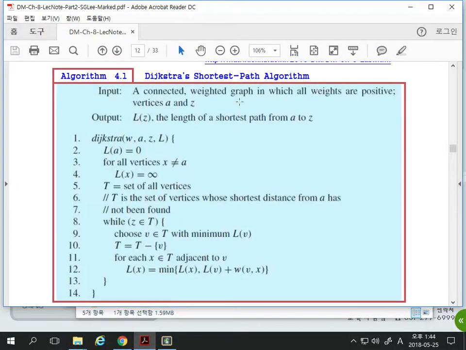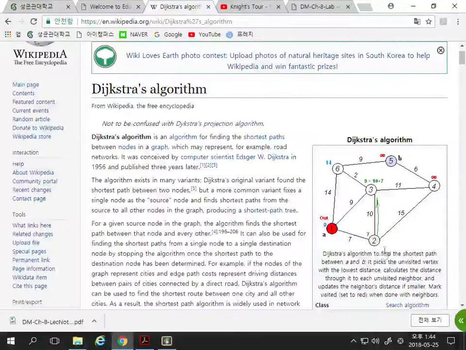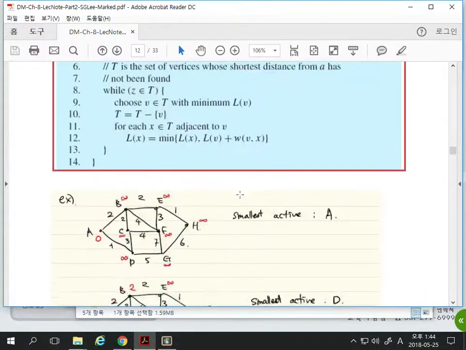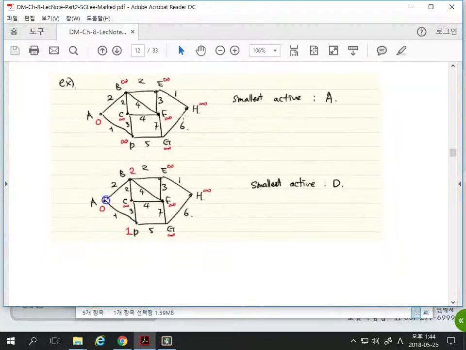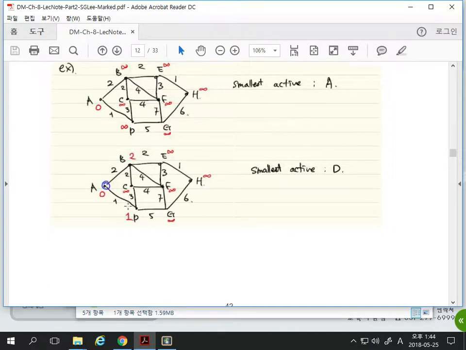Anyway, Dijkstra's algorithm has been shown in this animation, and that algorithm was introduced, and you can find the real code of this pseudocode for Dijkstra's algorithm. In this example, the Dijkstra algorithm says to start from A, then you check the distance between the nearest edges and count it.